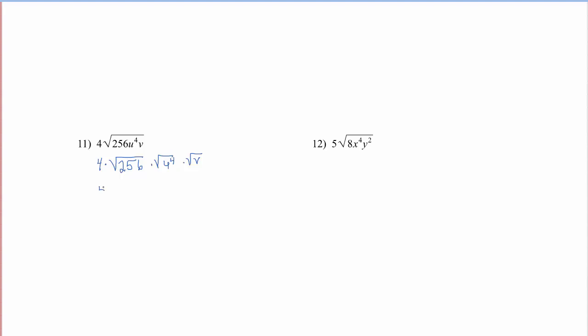So 4 times the square root of 256 is 16. Square root of u to the fourth is, cut the power in half, u squared, and the square root of v. So 4 times 16 is 64, u squared, square root of v.